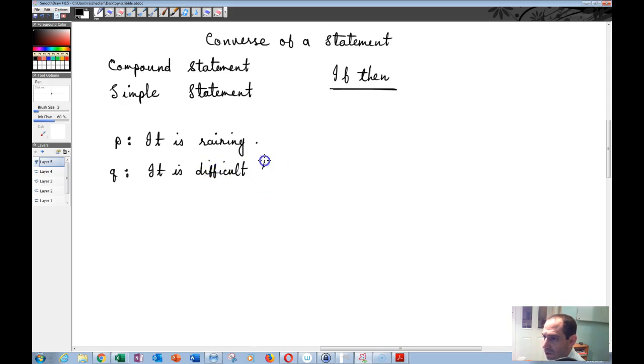So I have these two statements, and if you consider them individually, each of them is a simple statement.